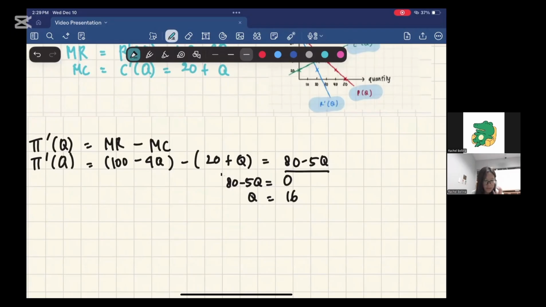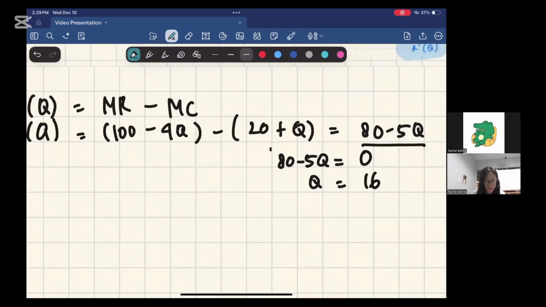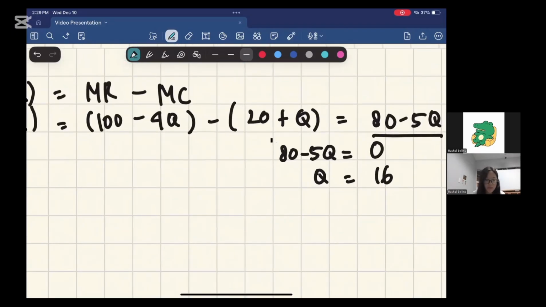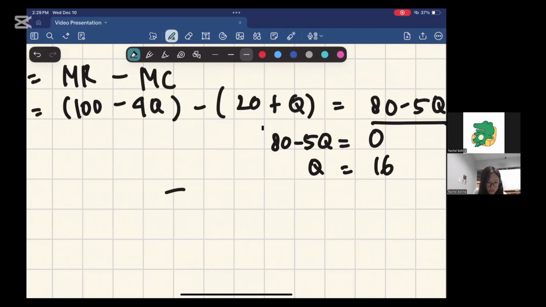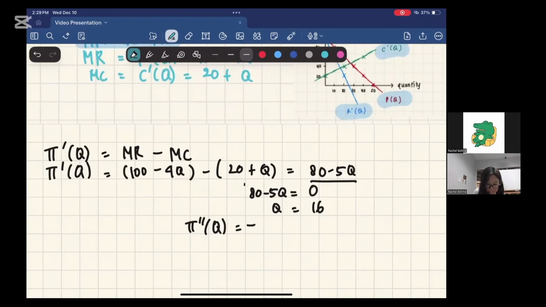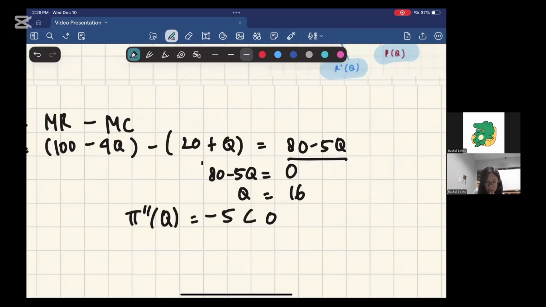Q is 16, and now we need to check the second derivative. The second derivative of pi at Q is minus 5, which is less than 0. So profit at Q is indeed maximized.